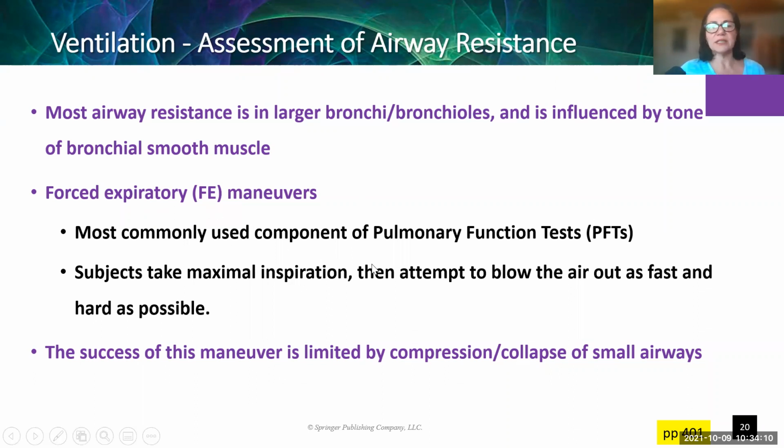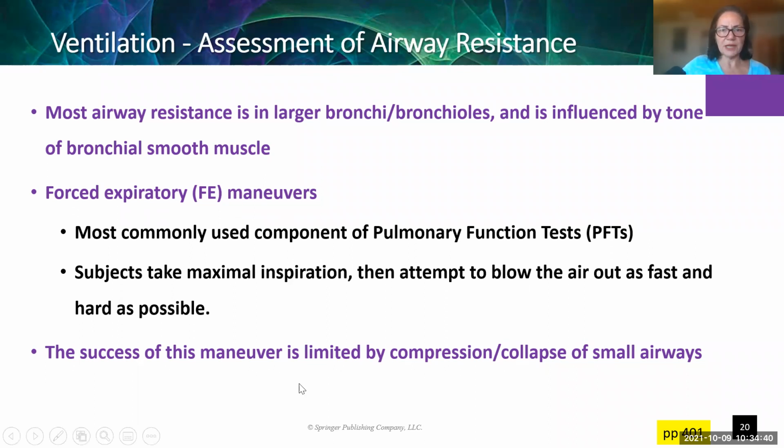It's the most commonly used component of the pulmonary function test. This is something that you'll see done in a primary care outpatient setting. The subject is asked to inspire as much as possible and then blow out as fast and as hard as possible, and you're seeing how much air came out in the first second. The success of this maneuver is limited by the compression or the collapse of some of the small airways.